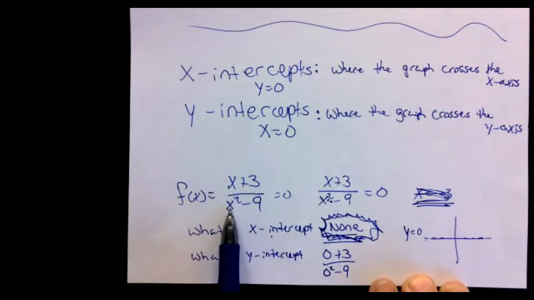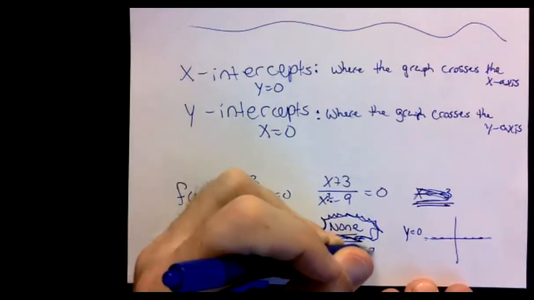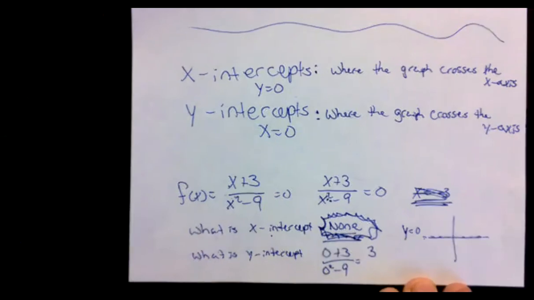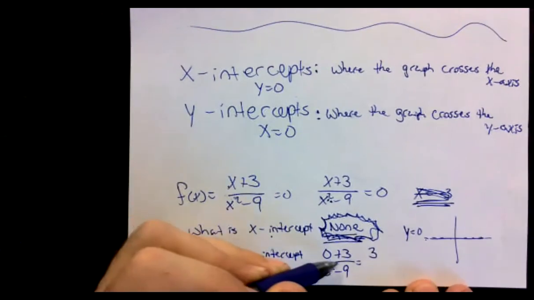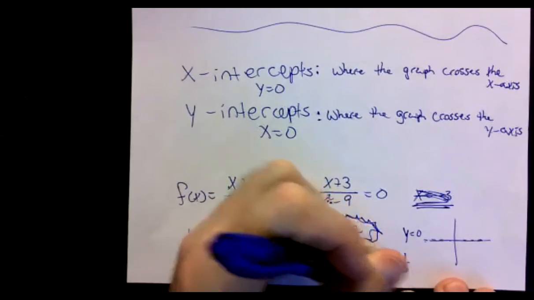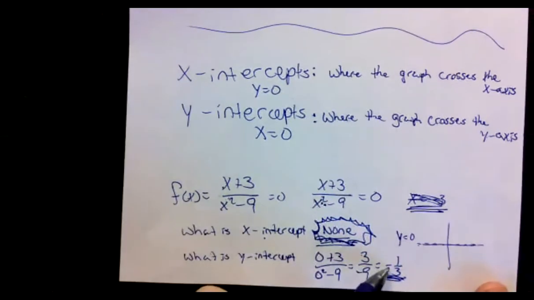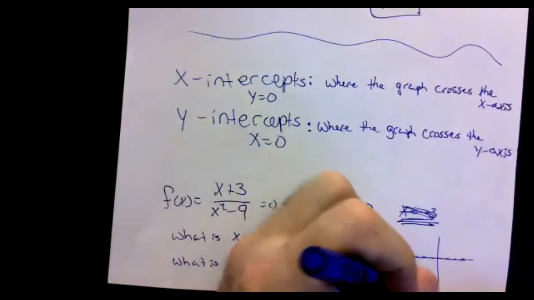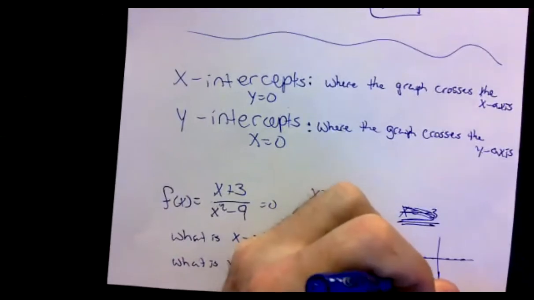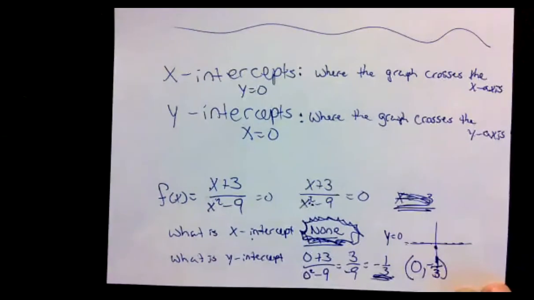We put 0 in here for x, 0 squared minus 9. 0 plus 3 is 3. 0 squared is 0. 0 minus 9 is -9. 3 over 9 reduces to 1/3. So my y-intercept is at negative 1/3. So that would be the point 0, negative 1/3. That just means where you're going to cross the y-axis.